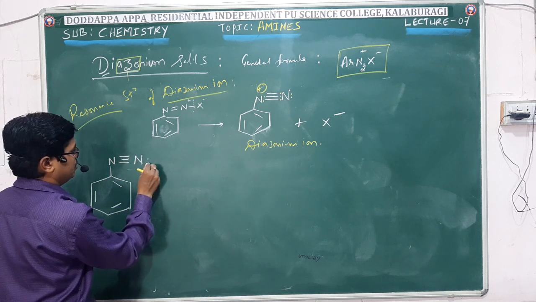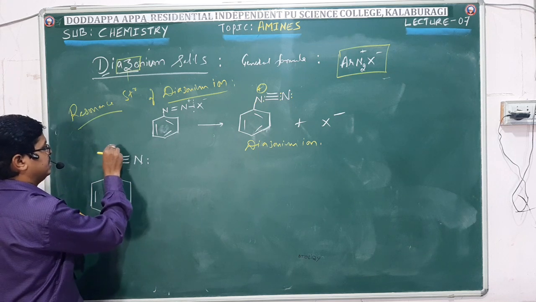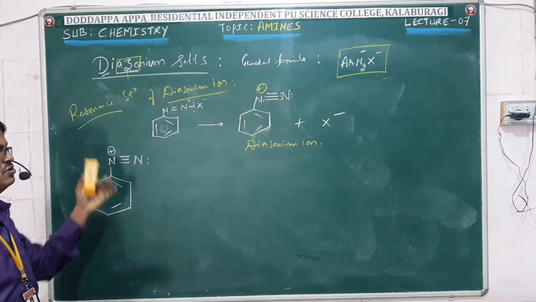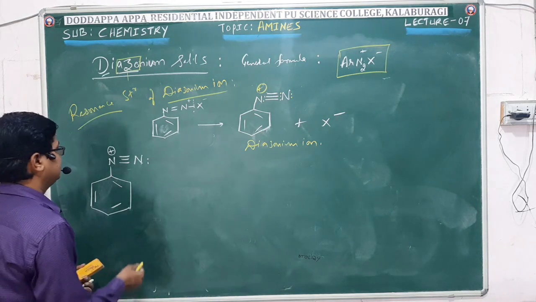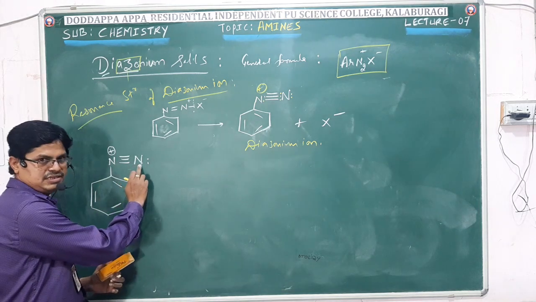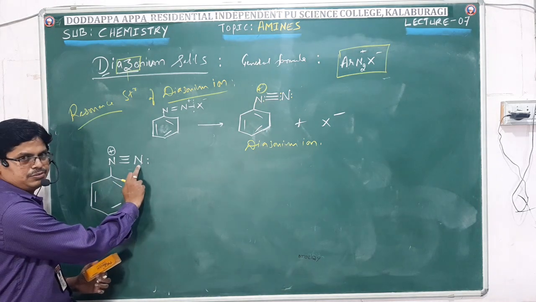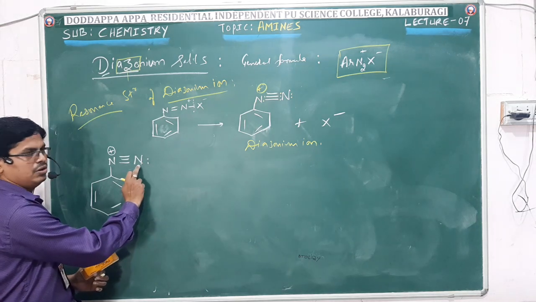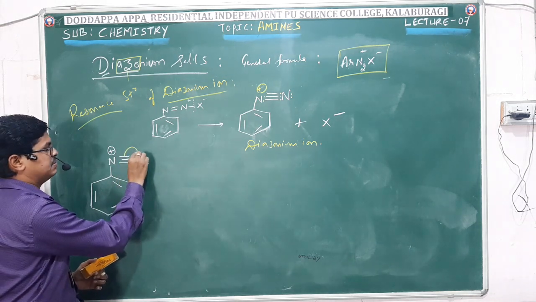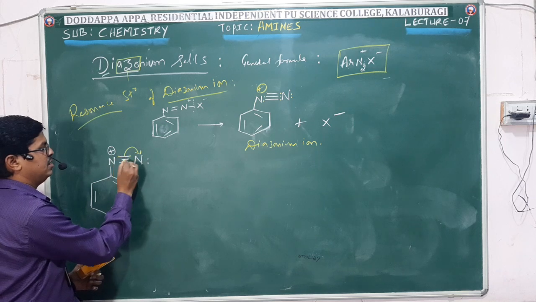With the lone pair of electrons on it, it carries a positive charge. This is the diazonium salt. When you compare N plus and this nitrogen, this one is more electronegative. Hence, it accepts the pair of electrons involved in bonding here.